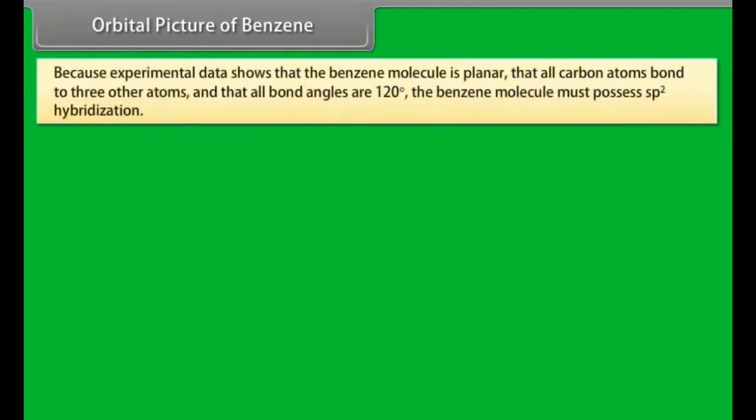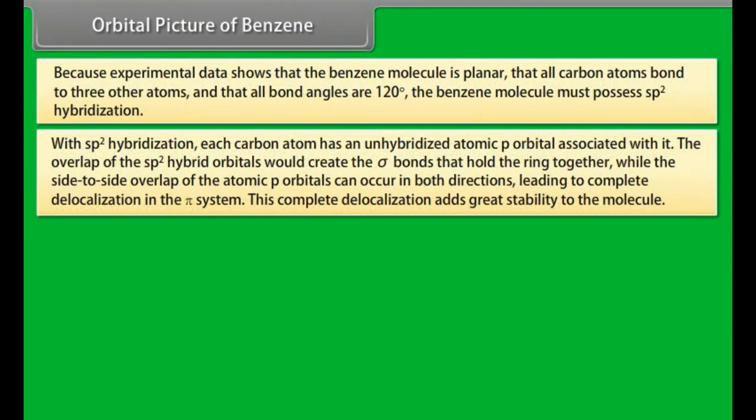Orbital picture of benzene. Because experimental data shows that the benzene molecule is planar, that all carbon atoms bond to 3 other atoms, and that all bond angles are 120 degrees, the benzene molecule must possess sp2 hybridization. With sp2 hybridization, each carbon atom has an unhybridized atomic p orbital associated with it.